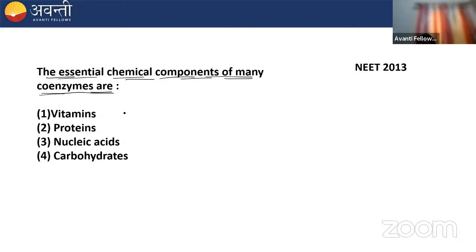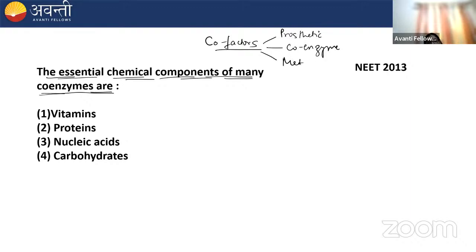Quickly answer me in the chat box, what will be the correct option for this question? Coenzymes, remember cofactor. Cofactors are of 3 types. Number 1 is prosthetic group. Number 2, coenzyme. Number 3, metal ions. Remember?